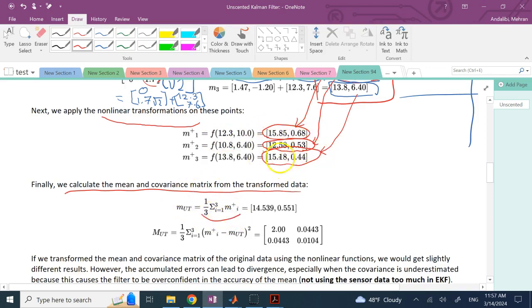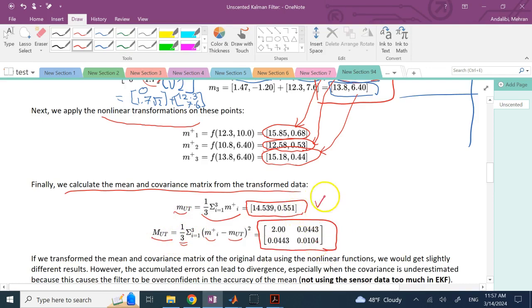If you do that, the average of these transformed points, the new mu, is this, 14.539. And if we subtract each one of these points from their average, square it, and then divide by 3, the whole summation, your new covariance matrix is going to be this one.